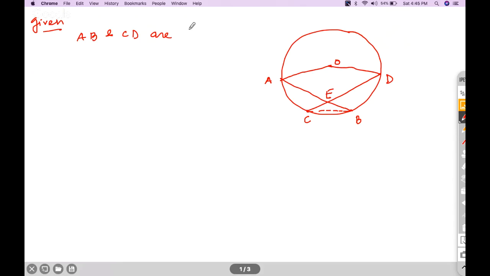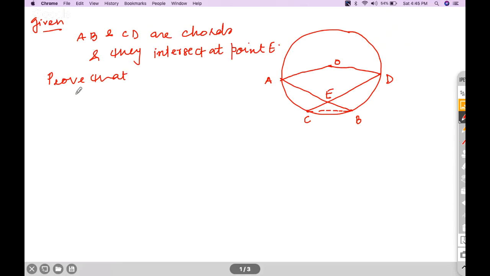AB and CD are chords, and they intersect at point E. You have to prove that angle AOC plus angle BOD would be equal to 2 times angle AEC. Just prove it and let me know once you are done.